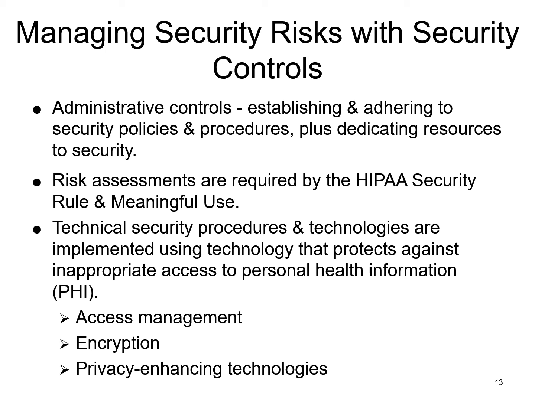One core requirement is to conduct a risk assessment to identify security risks and then to implement safeguards that address the risk. Risk assessment is also known as risk analysis, and this is required by the HIPAA security rule and meaningful use. The purpose of the assessment is to identify gaps or weaknesses that may lead to security breaches.